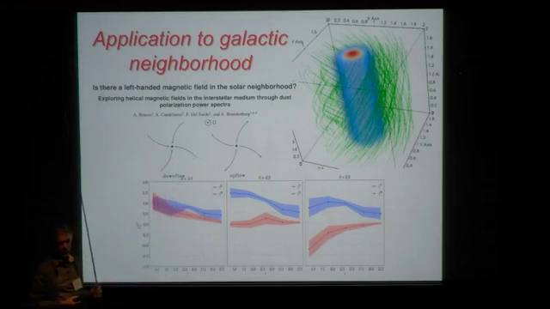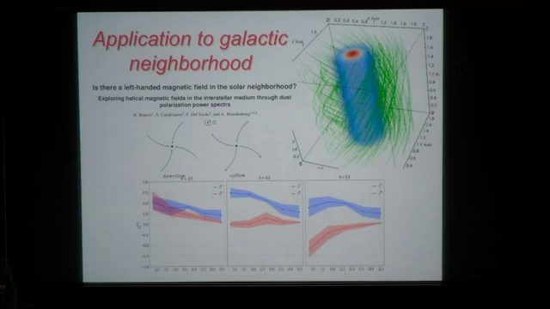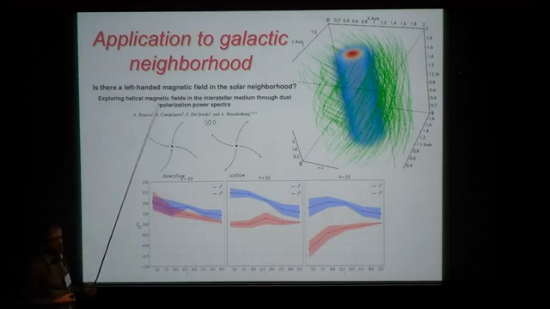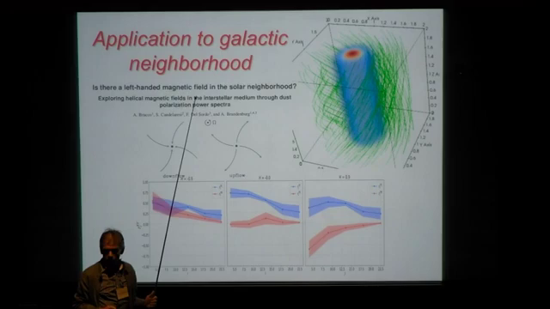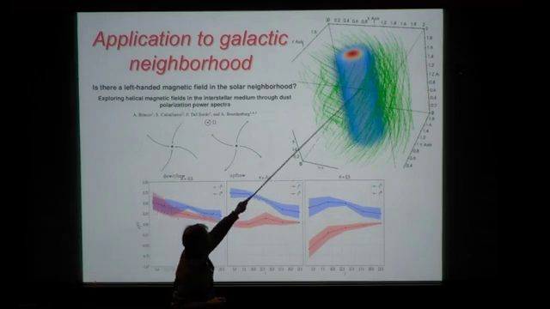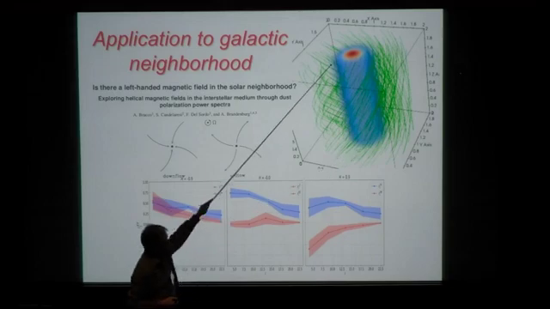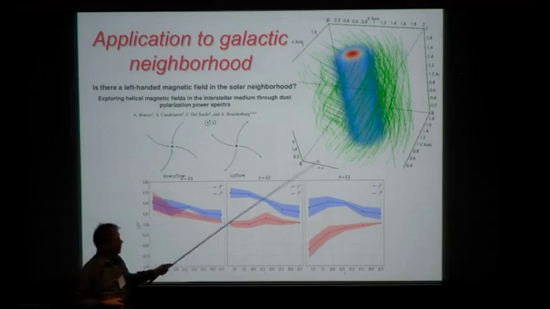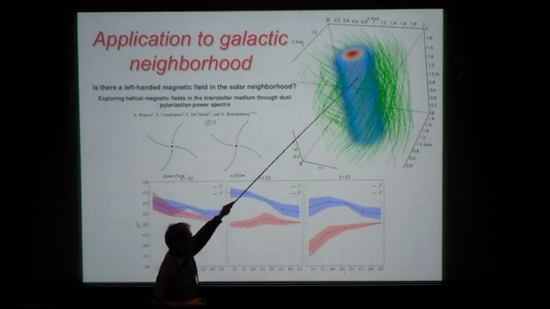So finally, an application to the galactic neighborhood. And so now we're back to the interstellar medium. And this is work with Andrea Bracco and Simon Candelaresi and Fabio Del Sordo. The original motivation was to look at helical patterns of this type here. So you have a cylinder with two components, an axial component and a toroidal component.